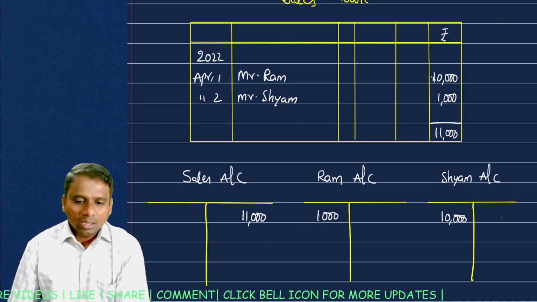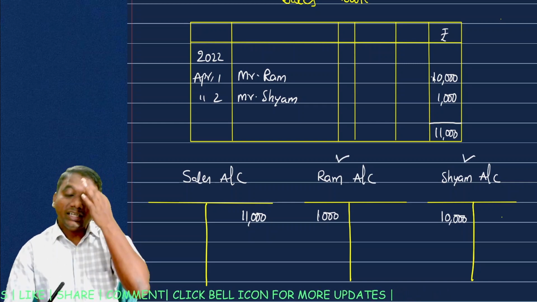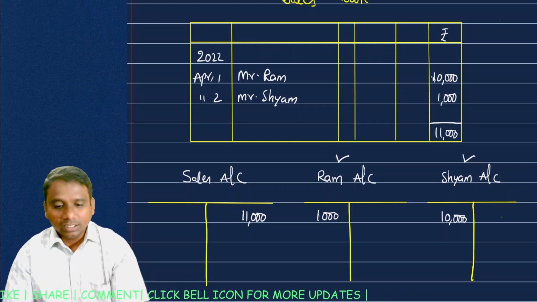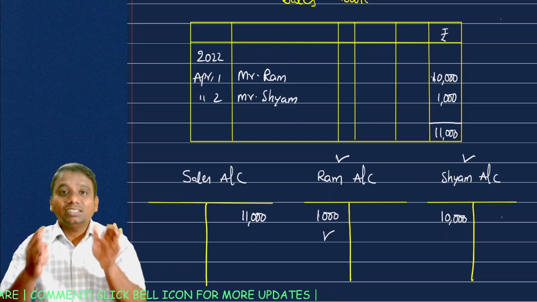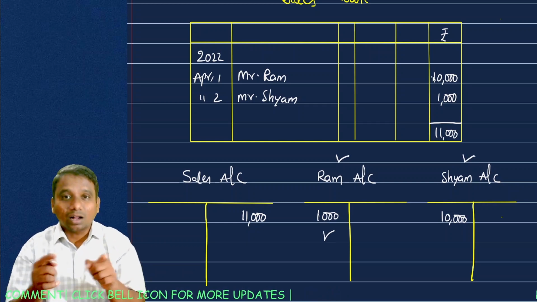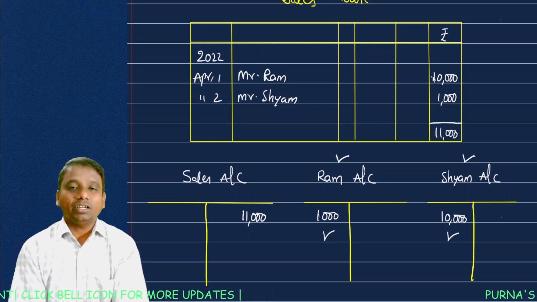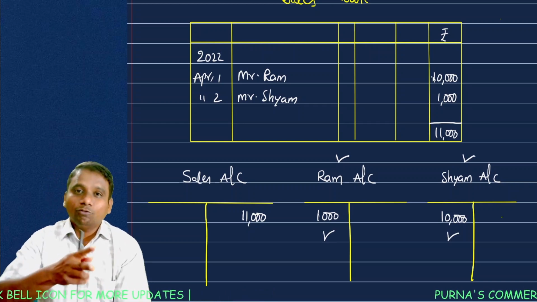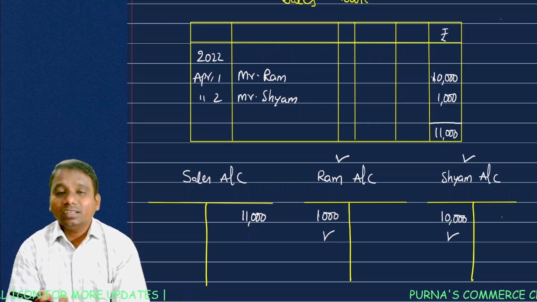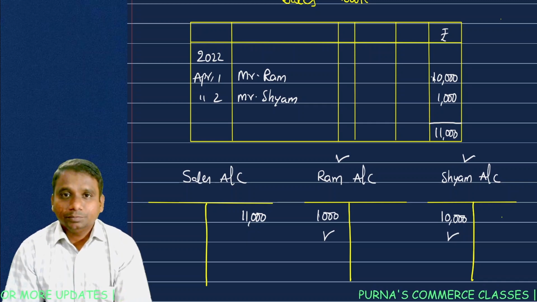Here actually there is a mistake in Ram account as well as a mistake in Shyam account. The error that happened in Ram account is nullified or compensated by the error that happened in the Shyam account. Here there are two errors, and because of one error, the other error gets nullified or compensated.